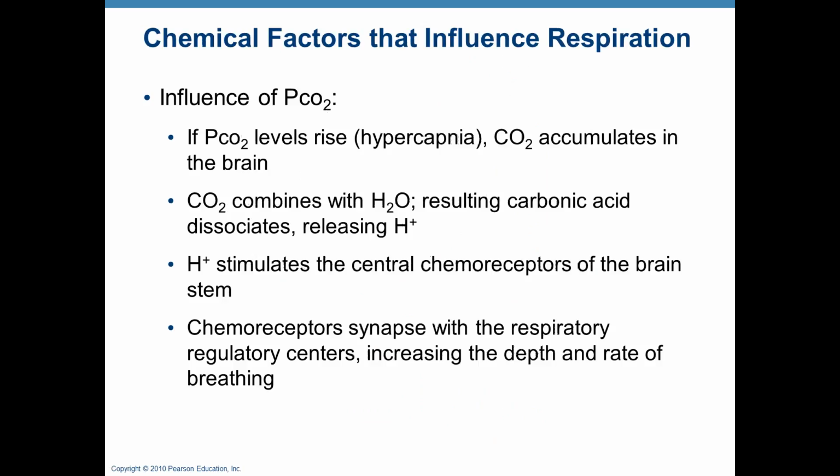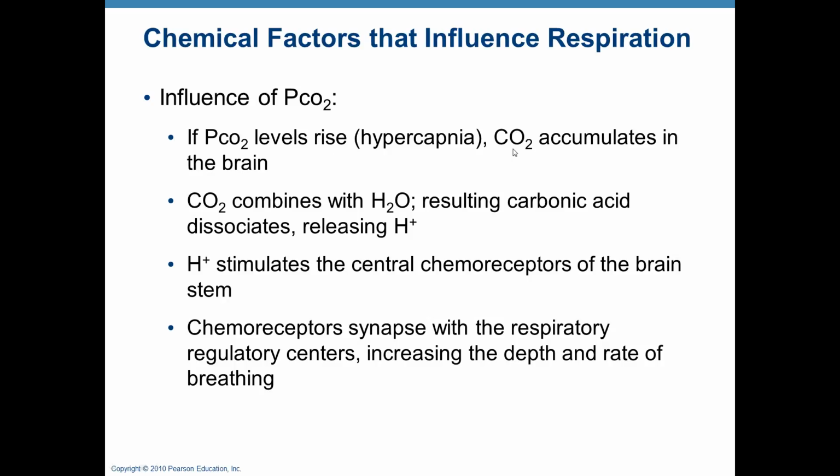All right, so what's actually influencing your respiration? Thinking along the lines of CO2 functioning kind of like an acid in your body fluids, let's think about what's going to happen. If the partial pressure of CO2 rises in your bloodstream, that condition is called hypercapnia. Capnia refers to CO2 levels. If you have excess, let's say you're exercising heavily, your skeletal muscles are giving off lots of CO2 from doing lots of cellular respiration.